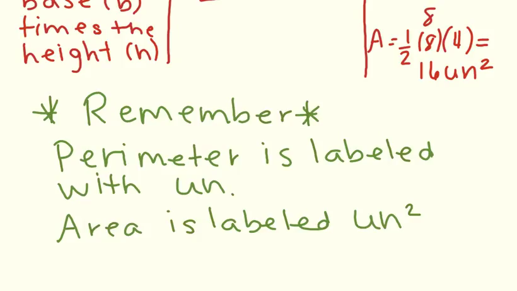It's important that you know how to label them, and later you'll find that volume is going to be labeled units cubed, and we'll go over that when we go over volume later.